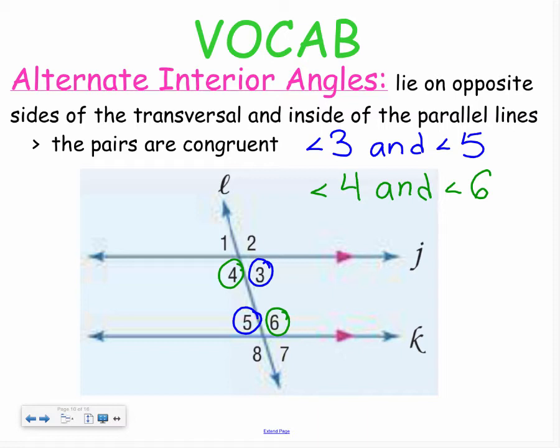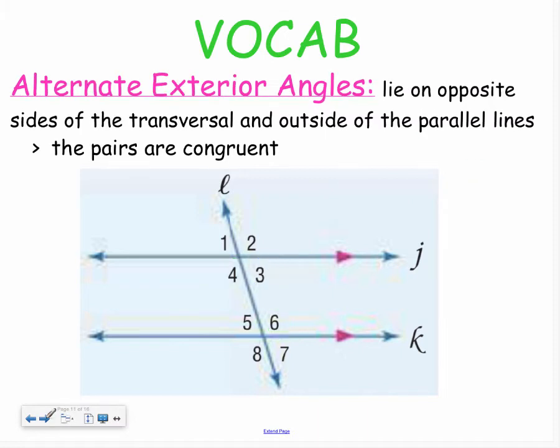Just like we have alternate interior angles, we can also have alternate exterior angles. So these ones are opposite sides of the transversal, but they are outside the parallel lines. So if I pick out 1 as my first angle, you are looking for the opposite exterior angle.